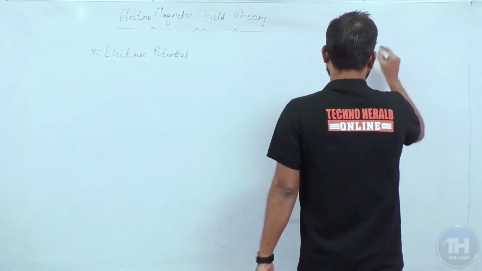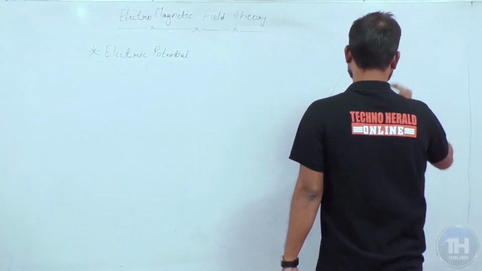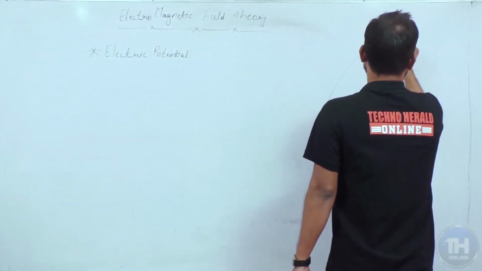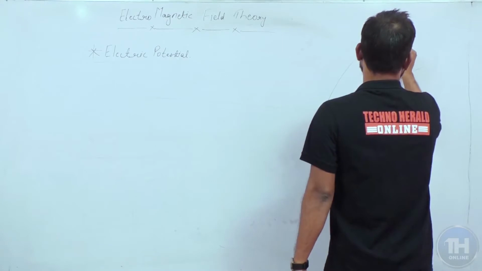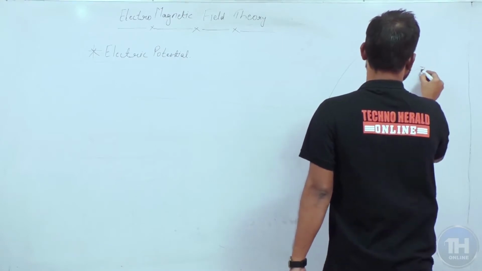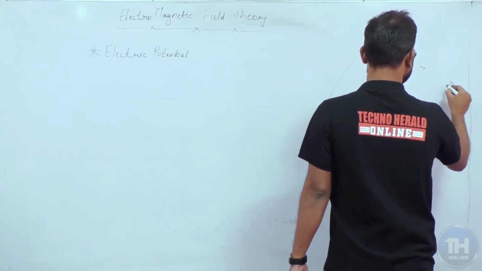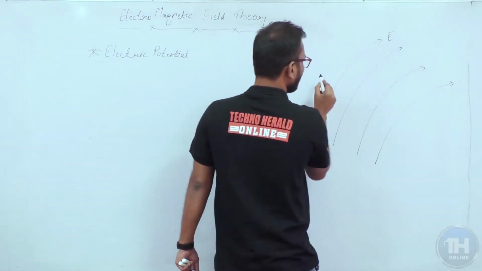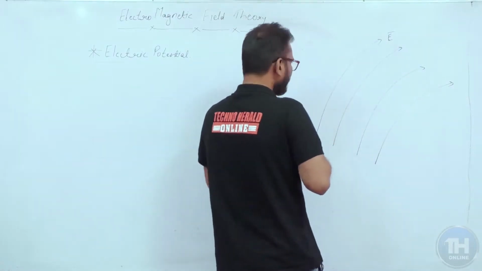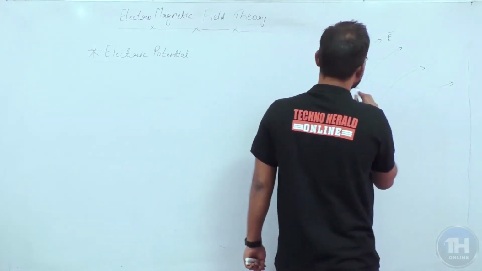Suppose that this is an electric field present in a space. Okay? This is an electric field present in a space, and this is a random path.